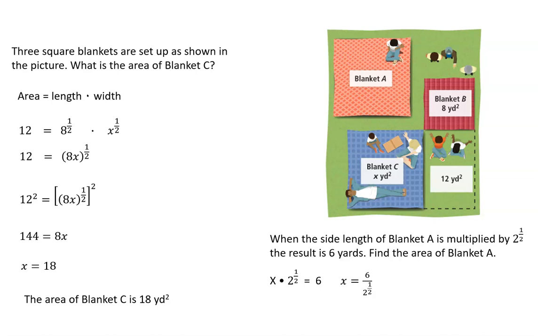So x equals 6 divided by 2 to the 1/2, and that's the side length. So the area is 6 over 2 to the 1/2, squared, which is 36 over 2, which is 18. So the area is 18 square yards.